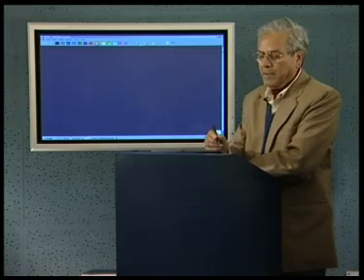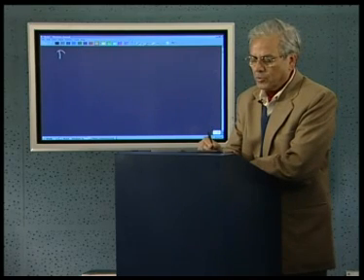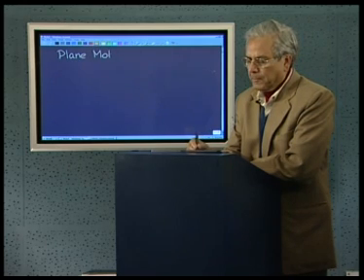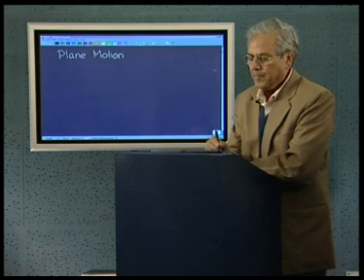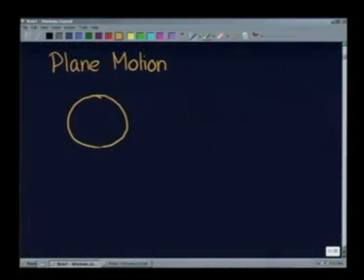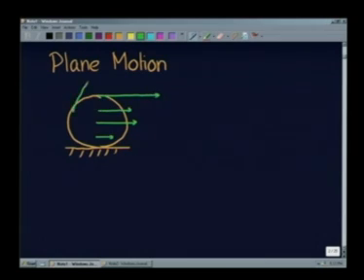So, in plane motion, let us first study plane motion. What are the typical examples? Say a wheel rolling on a horizontal surface. Here you know that the velocities of different points will be different, but they will all be lying in parallel planes.